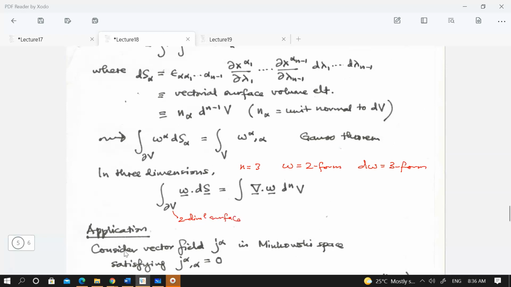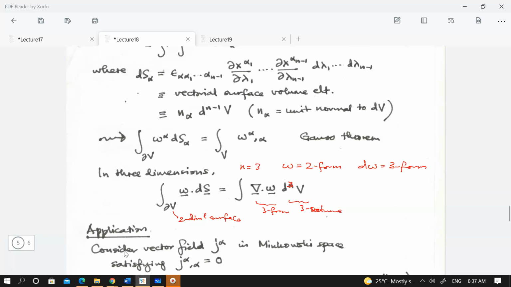This will be related to the derivative of your 2 form, which is now a 3 form, integrated over a 3 surface. This is supposed to be 3, sorry. Three volumes.